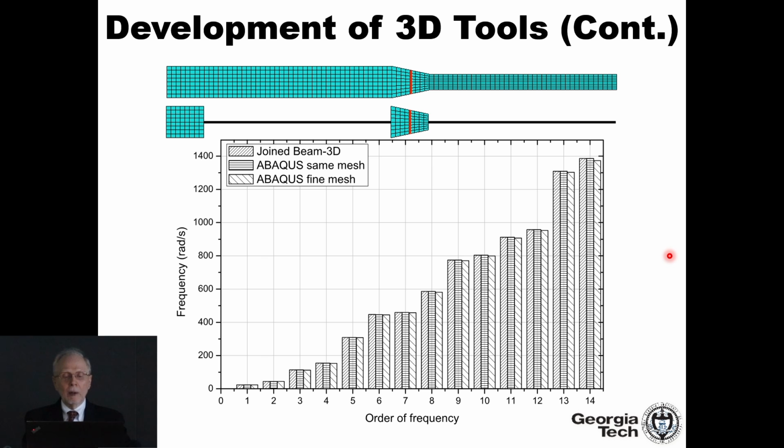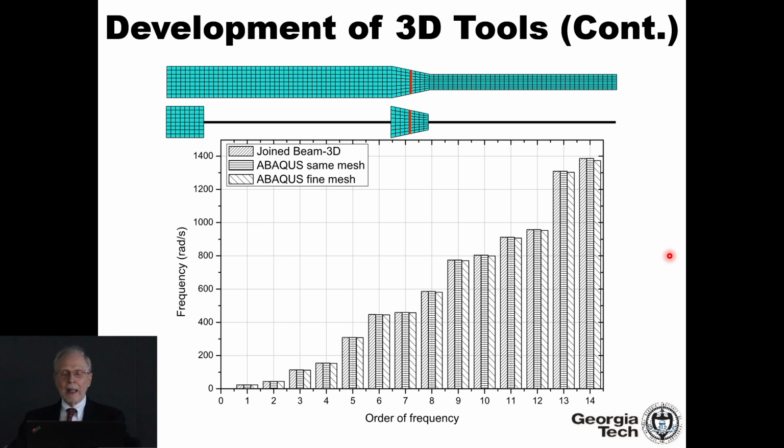At the root here, which is on the left part of your screen, we see that there is a cluster of 3D elements, and those are put there to pick up the behavior of the beam near its root end, which is something that ordinary beam theory doesn't capture well.